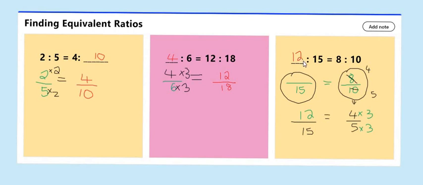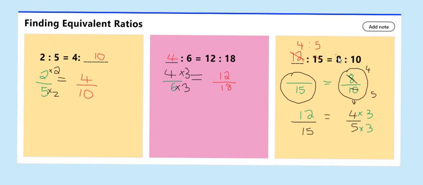And as I said, students, you can do your checks: divide both these ratios and see if you get the same value. Let's use 3. 3 into 12 goes 4 times. 3 into 15 goes 5 times. So we use 3 to divide that ratio. What can we use to simplify the ratio 8 to 10?